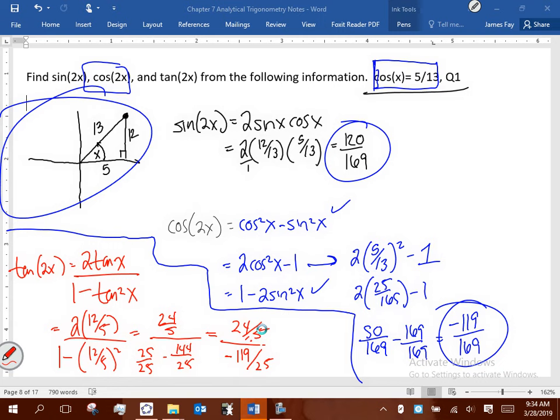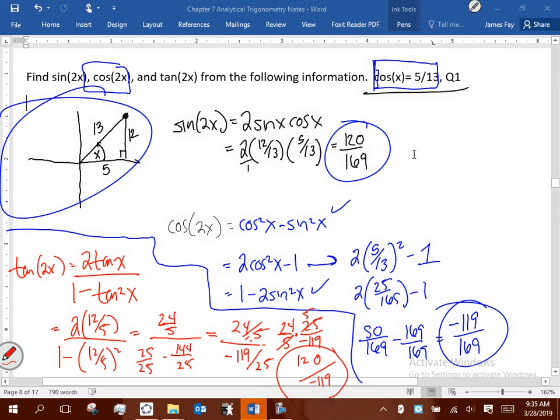So now I can multiply by reciprocals, right? So 24 over 5, and we'll multiply by 25 over negative 119. Now some nice things are going to happen here. Those cancel. Leaves me 5, right? 24 times 5, it's going to be 120. 120 over negative 119. That's the tangent of 2x.